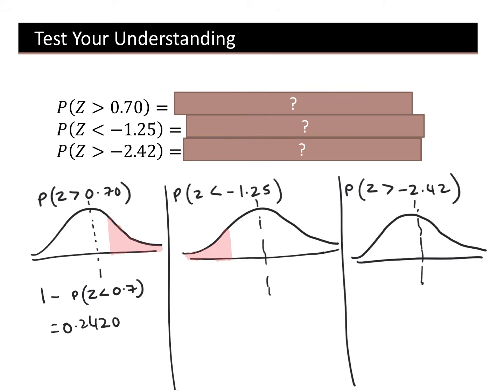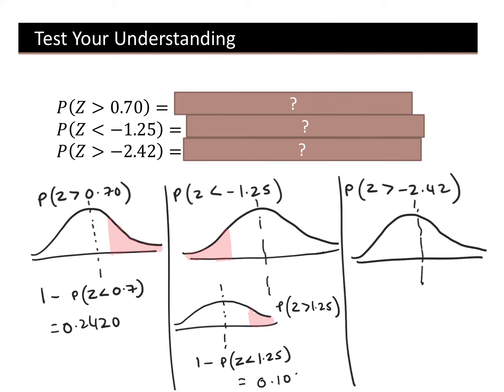So actually what we can do, because we know it's symmetrical, is this is the same as finding the probability of it being greater than the positive of that value. So this is z being greater than 1.25, which we know is 1 minus the probability of z being less than 1.25, which is in fact 0.1056.